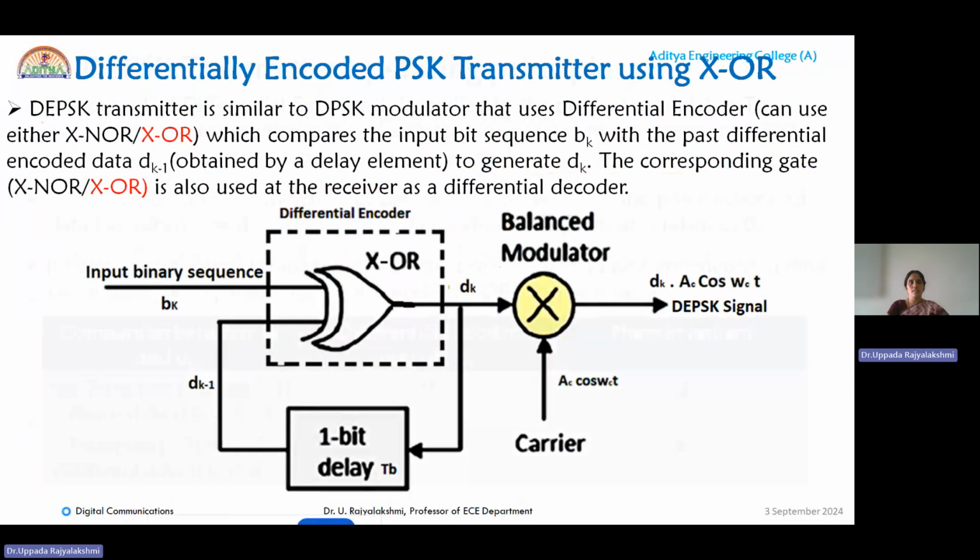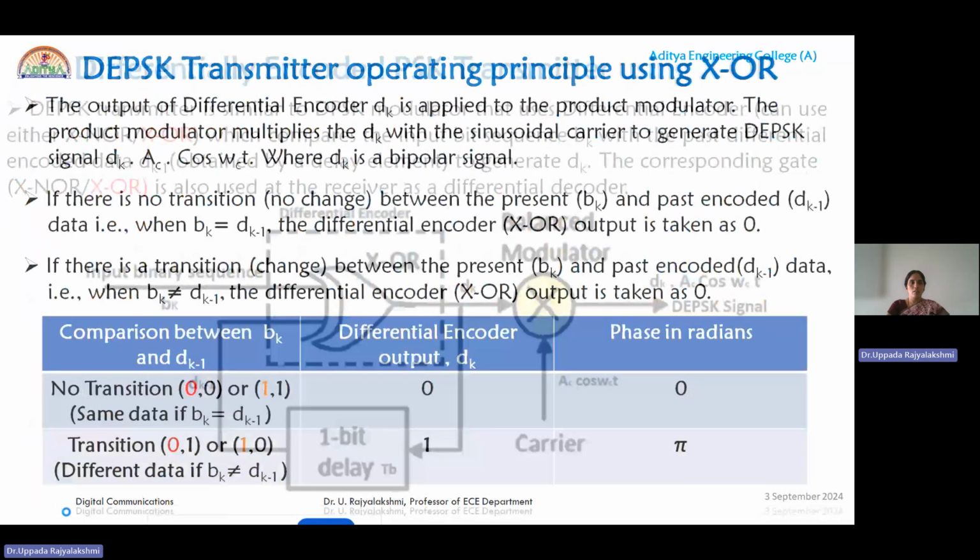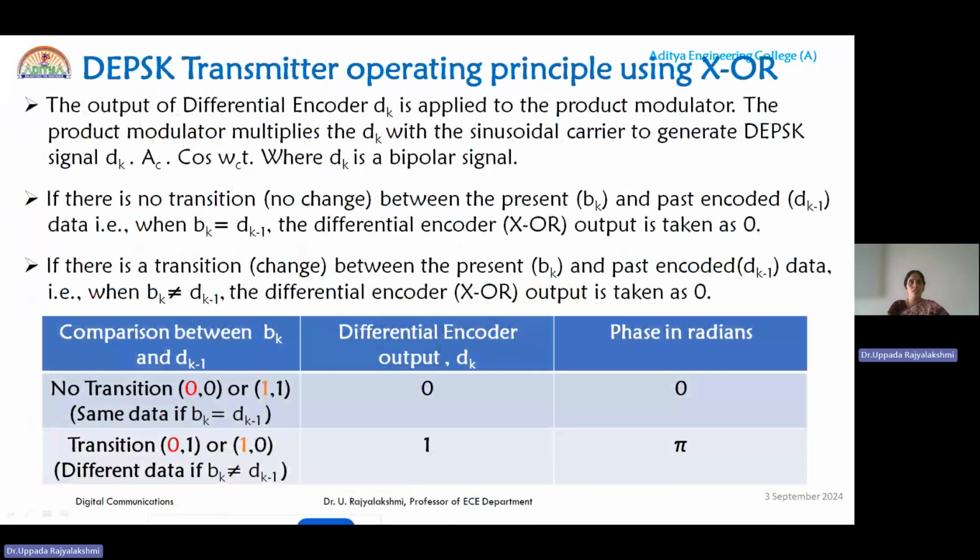Now, let us see the transition. We already know that the differential encoder inputs are bk and Dk-1, where bk is the binary data and Dk-1 is the past differentially encoded data. If bk is equal to Dk-1, that may be 0 0 or 1 1 combination, then you can see that the differential encoder output is 0 with a phase change of 0 degrees.